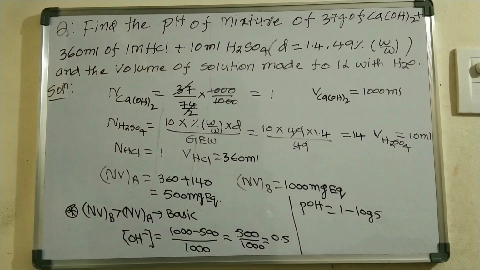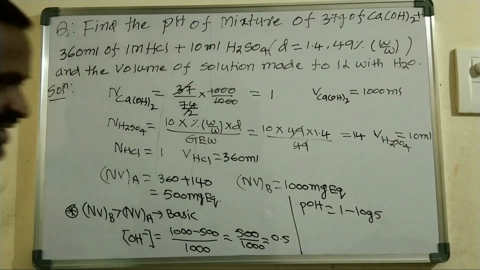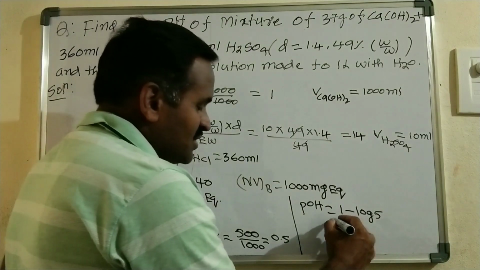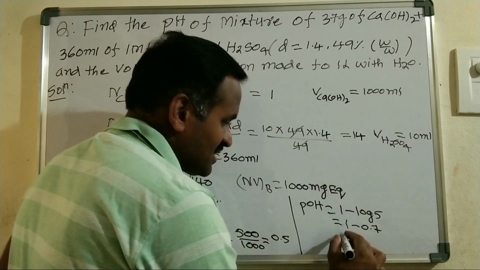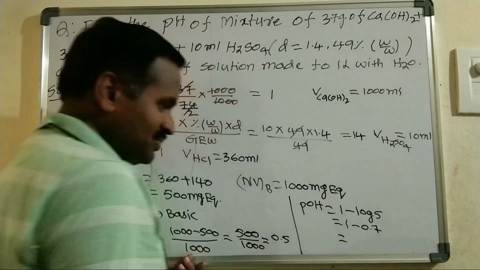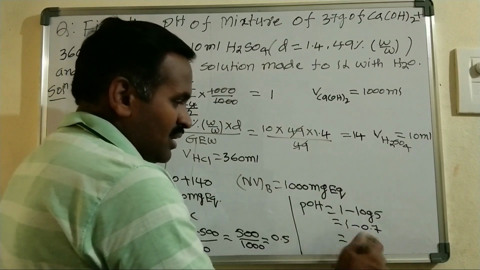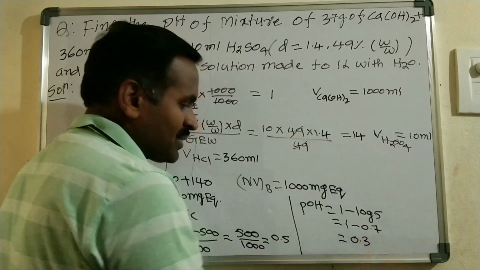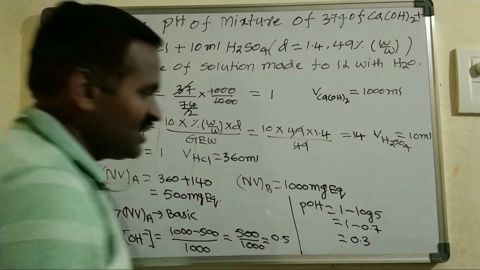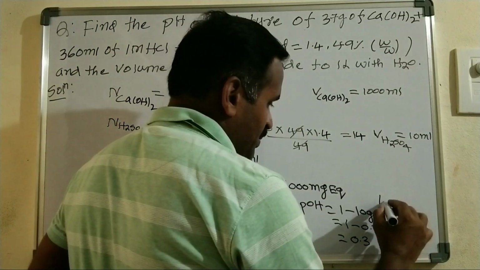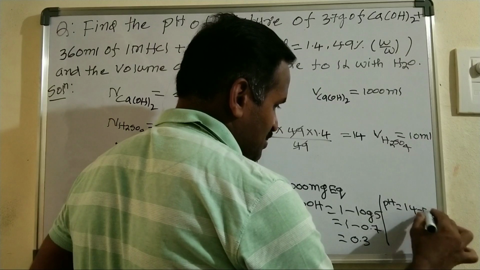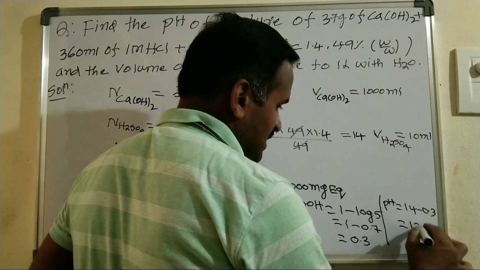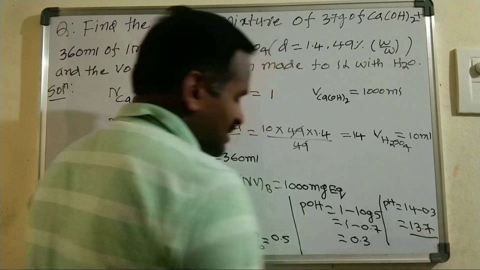The log 5 value is 0.69, you can take it roughly as 0.7. So 1 minus 0.7, you will get 0.3. pOH is 0.3 means I can write pH equals 14 minus 0.3. So that means 13.7 is the pH for this.